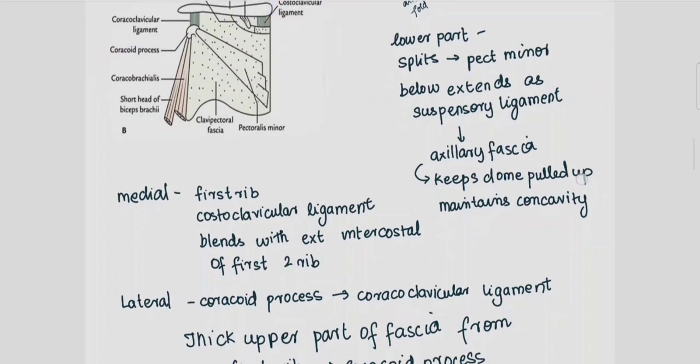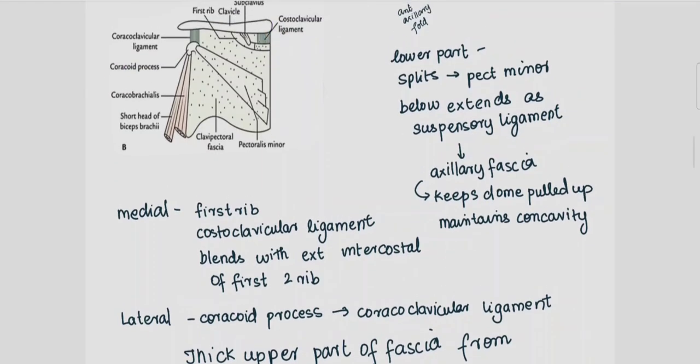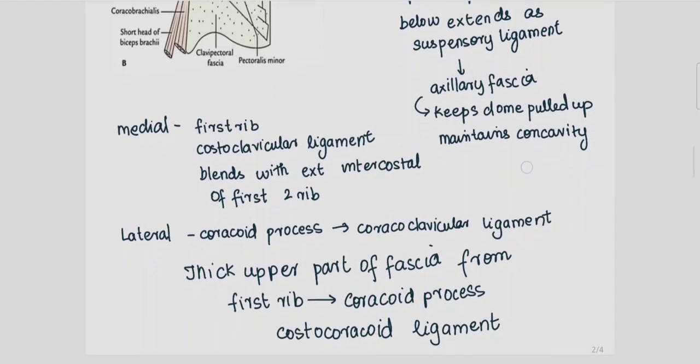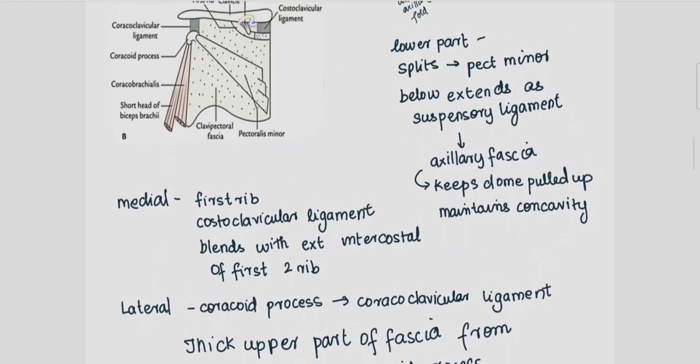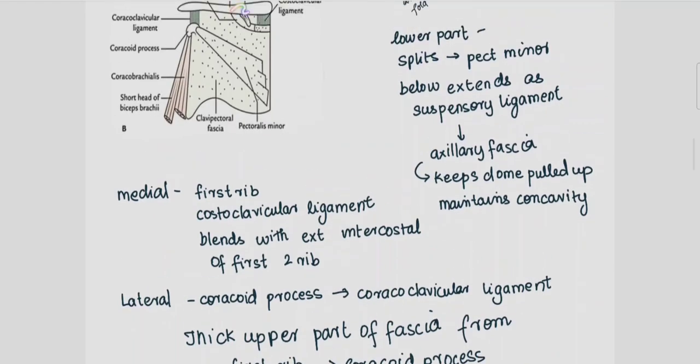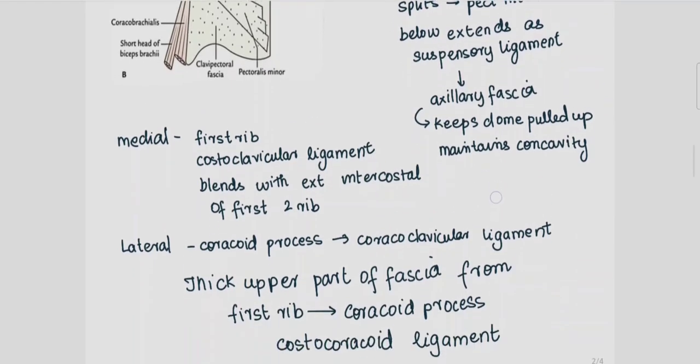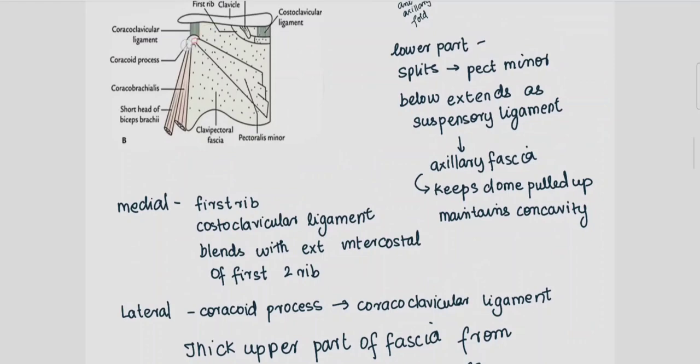Laterally, it extends from the coracoid process. This is the coracoid process, the coracoclavicular ligament, and there is the costocoracoid ligament, that is the thicker upper part of the fascia from the first rib, this is the first rib, till the coracoid process.